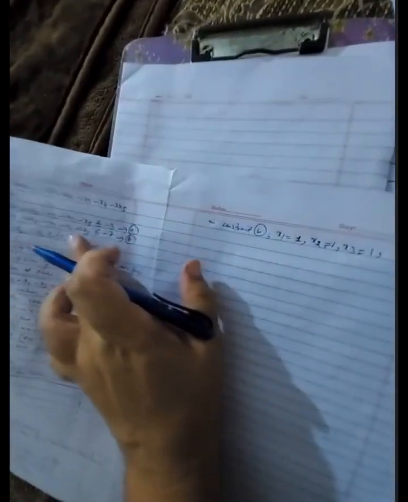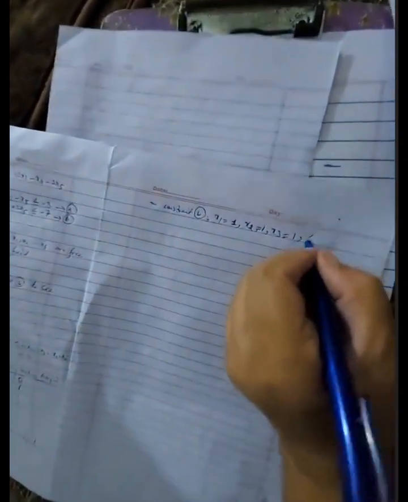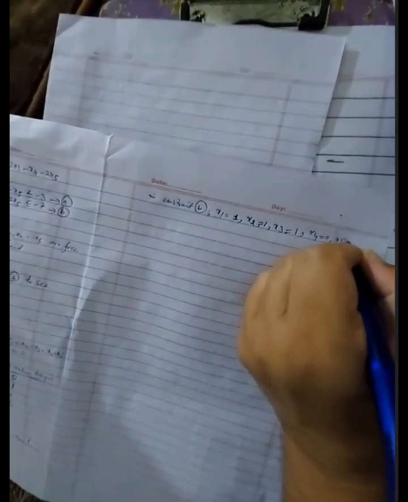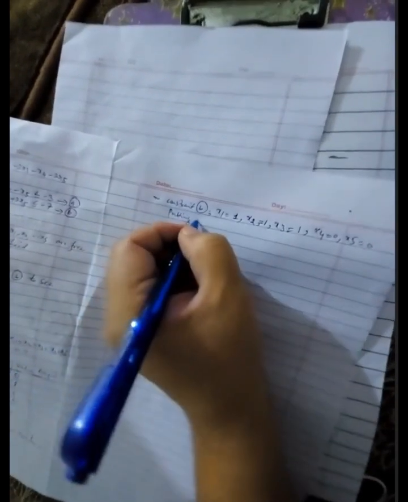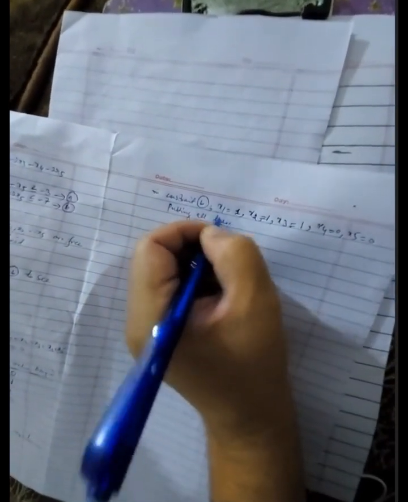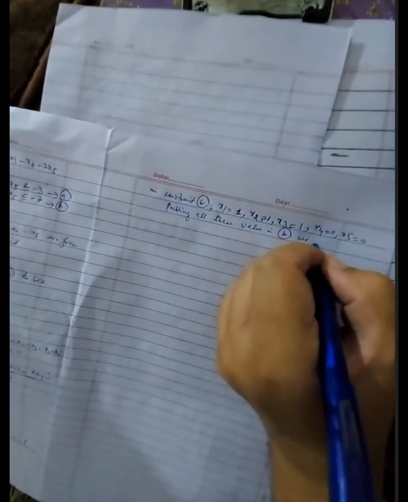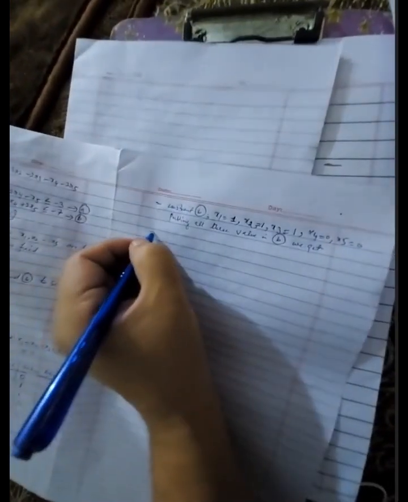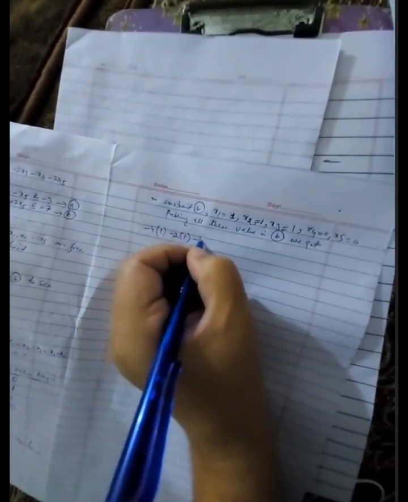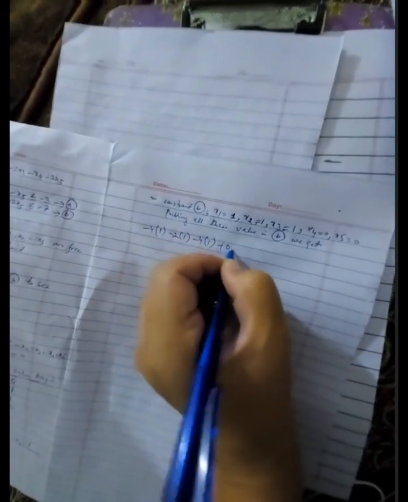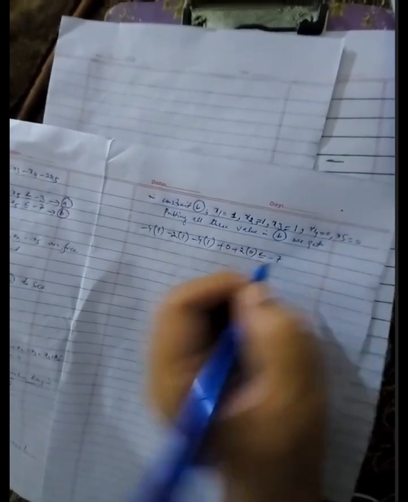x4 and x5 both are positive and the constraint is less than or equal to, so x4 will be 0 and x5 will be 0. Now putting all these values in B, we get minus 4 into 1, minus 2 into 1, minus 4 into 1, plus 0, plus 2 into 0, less than or equal to minus 7.